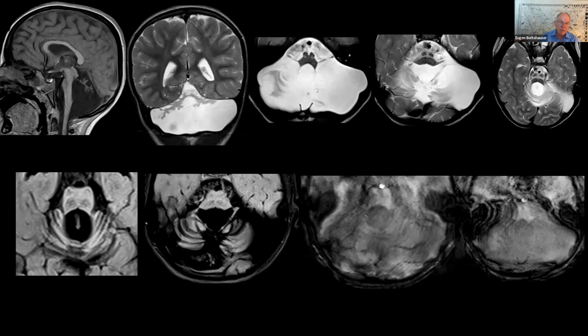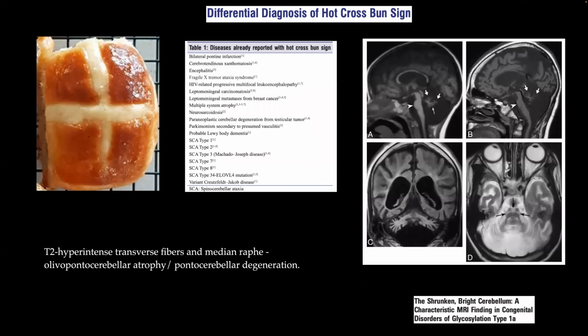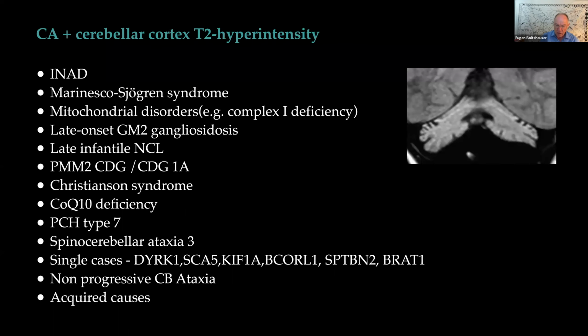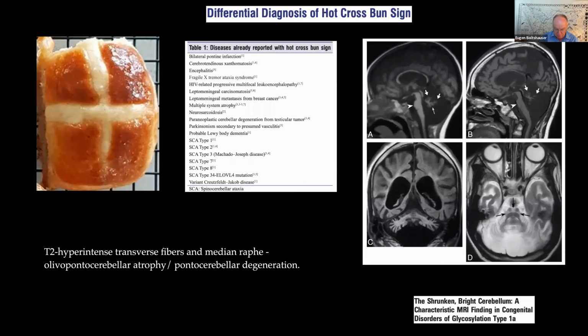It would not be the straightforward CDG 1A, but a rare variant of TAPE2N. Can you do transferrin in serum? So-called isoelectric focusing, to see whether there is a particular pattern in the serum, which would allow you to have more power to call it a CDG type 2.